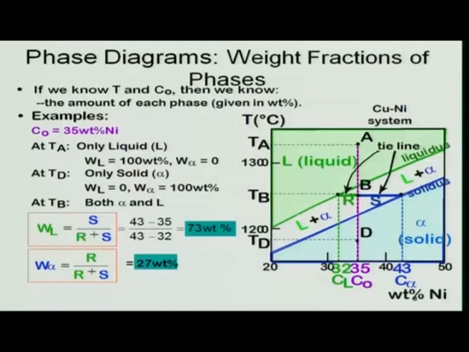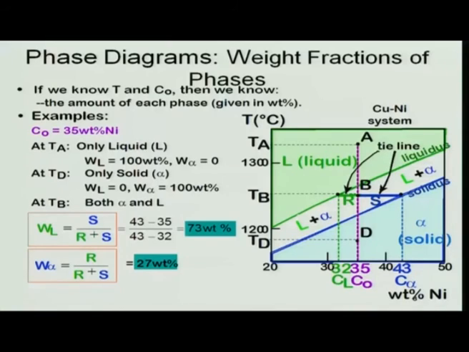So now how do I calculate? The weight percentage of liquid is given by S, this arm. This is the liquid side, so I go to the opposite arm, S divided by R plus S. R is the distance between the alloy composition and the liquid composition, S is between the alloy composition and the solid composition.